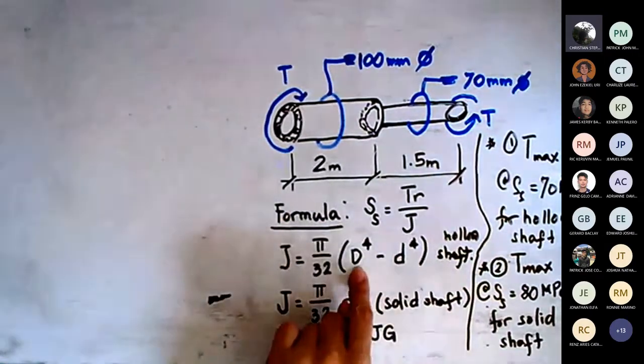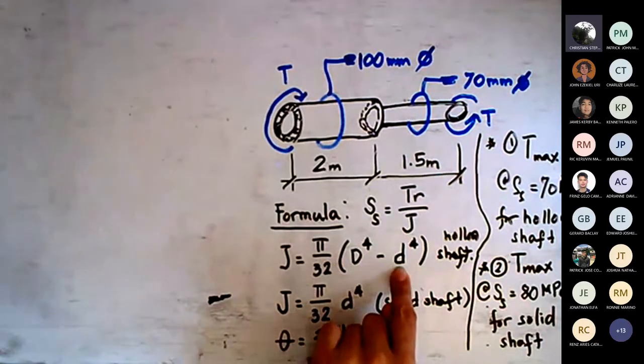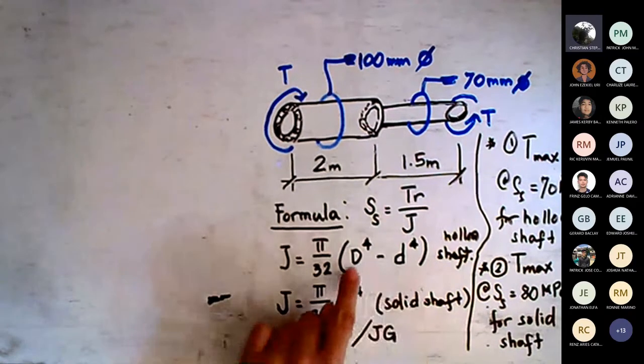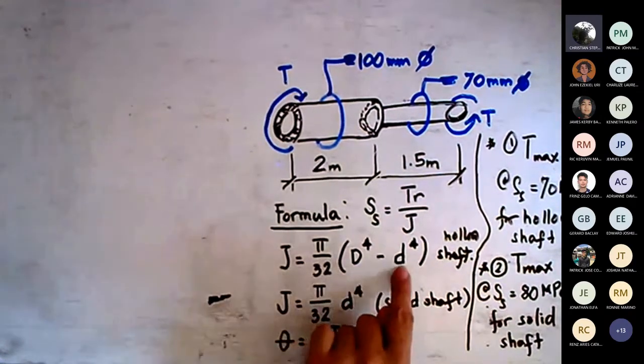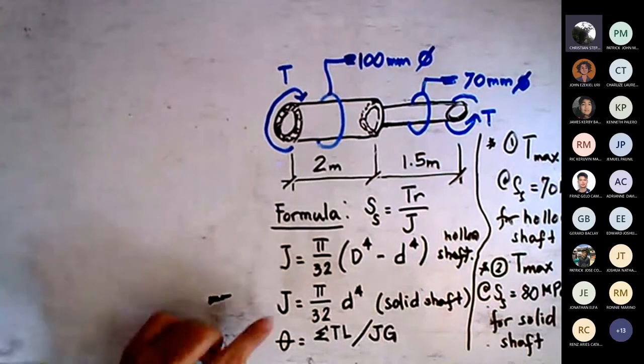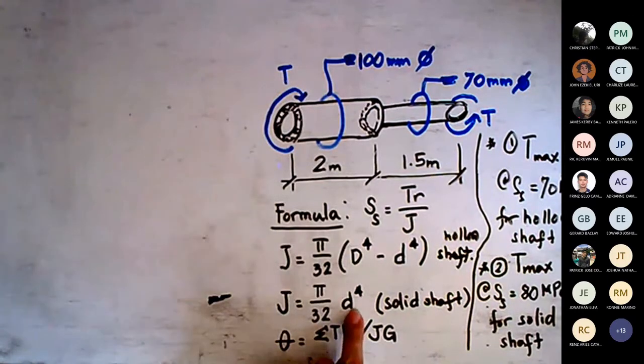So this is outside diameter, yung capital letter D. Yung small letter d is the inner diameter or inside diameter. Okay? The same is true for solid shaft. Kaya lang, dahil solid yun, isa lang yung diameter na gagamitin natin. So, kung ano lang yung diameter nung shafting.